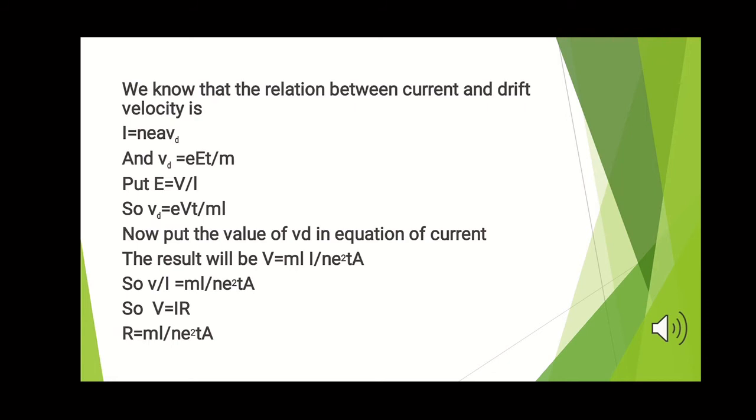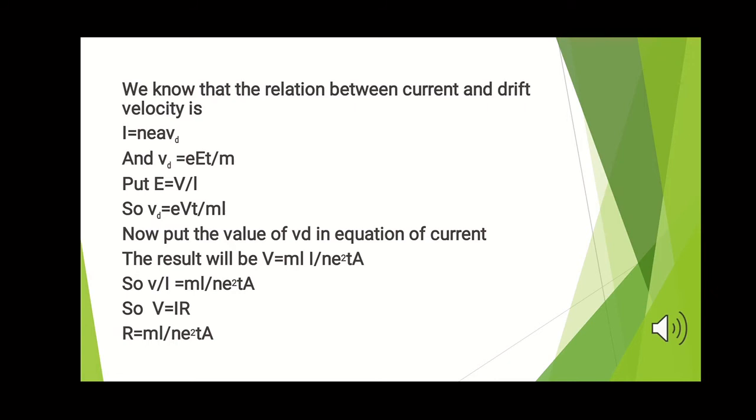If we again read the statement of Ohm's law, the temperature is constant, which means the relaxation time is constant. The physical conditions are constant, which means the length and the cross-section area are constant. The rest are the mass and the charge of the electron on the right-hand side. So the total quantity on the right-hand side is constant. It means V/I is constant, or V = IR.